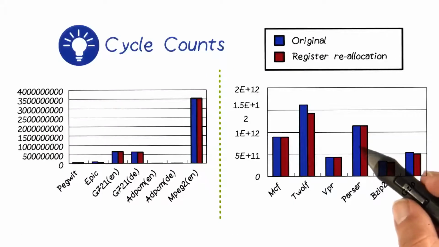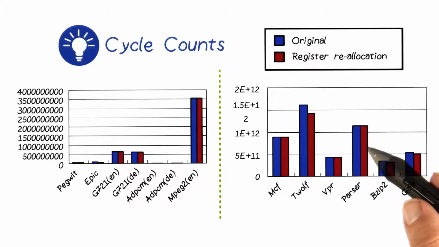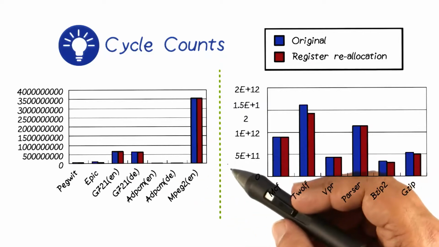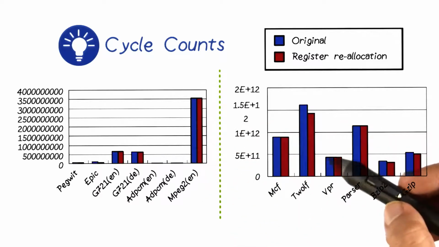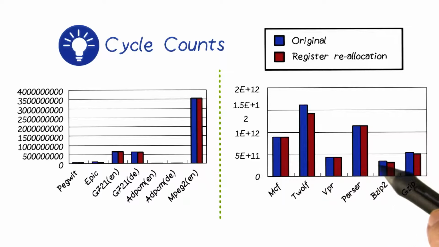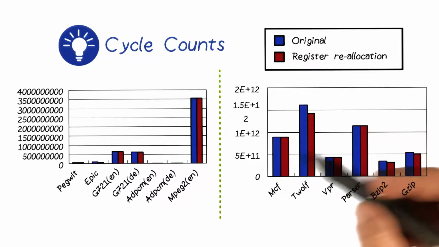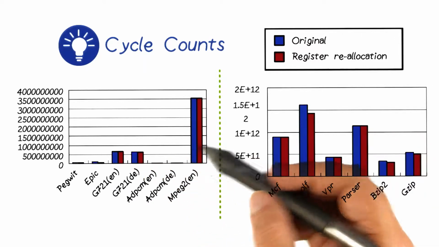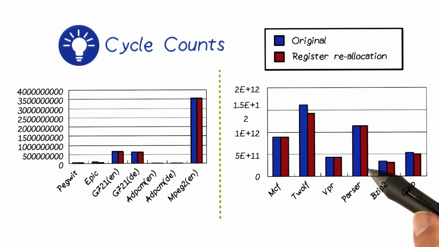Now here is a take on the performance for all these different benchmarks in terms of number of cycles, and what we have here is that the execution time pretty much has remained the same after doing the register reallocation. You may ask why.